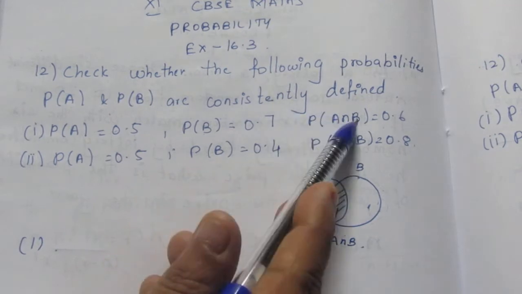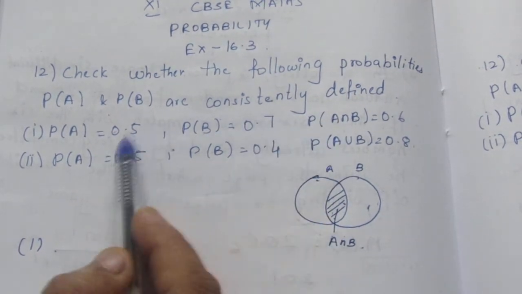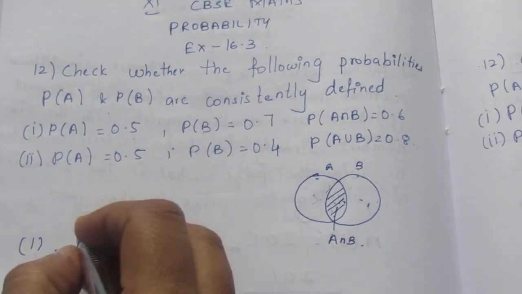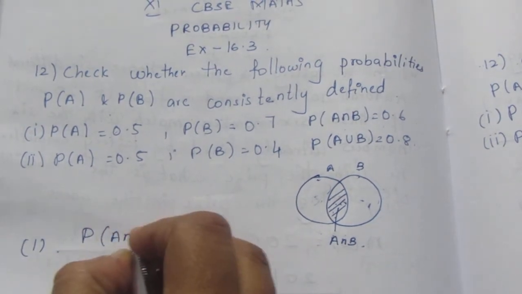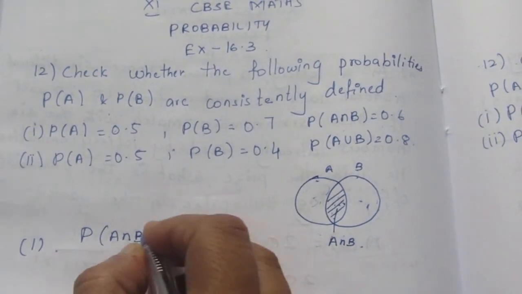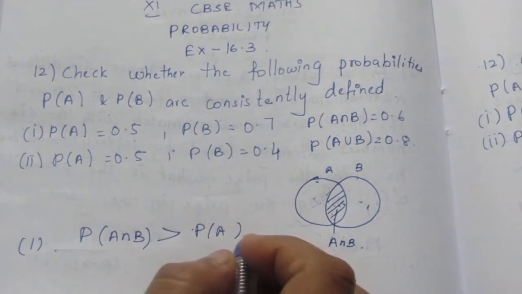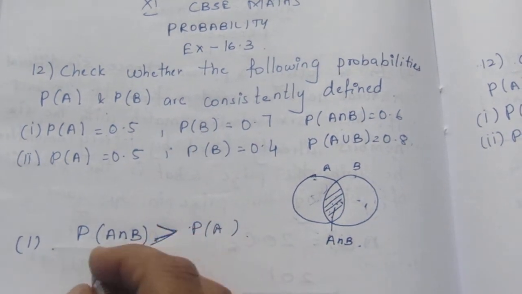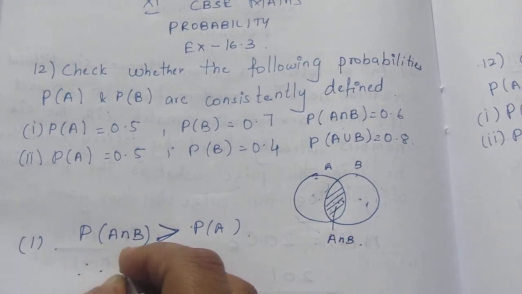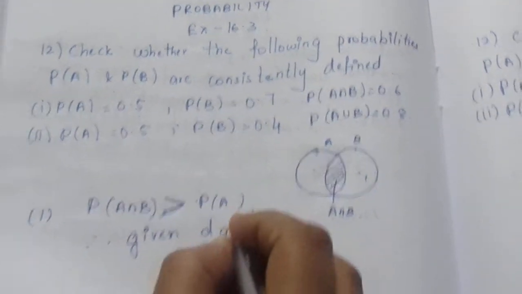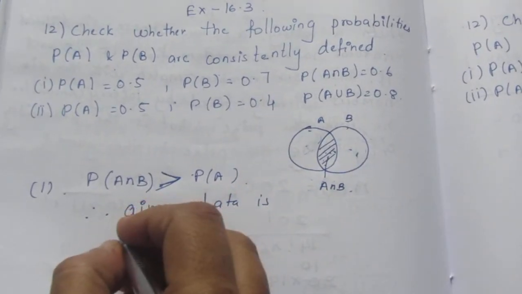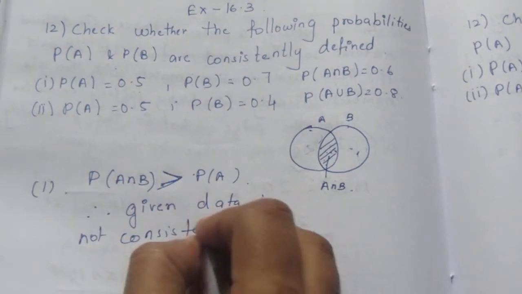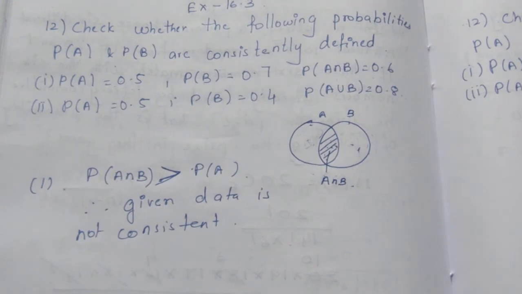That means the intersection part is greater than P of A. So it can't be greater than A or greater than B. So according to the given data, P of A intersection B is greater than P of A. So it can't be greater, therefore we can say that the given data is inconsistent, or not consistent. So we'll move on to the next one.